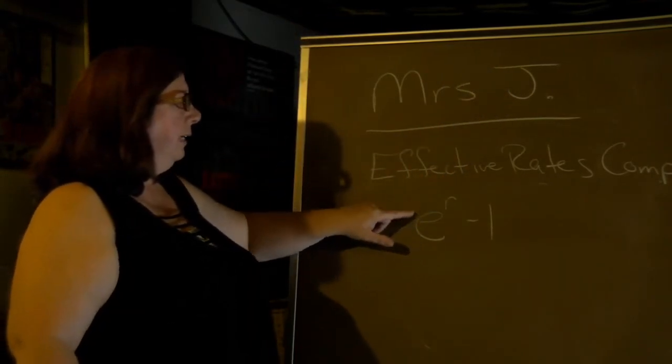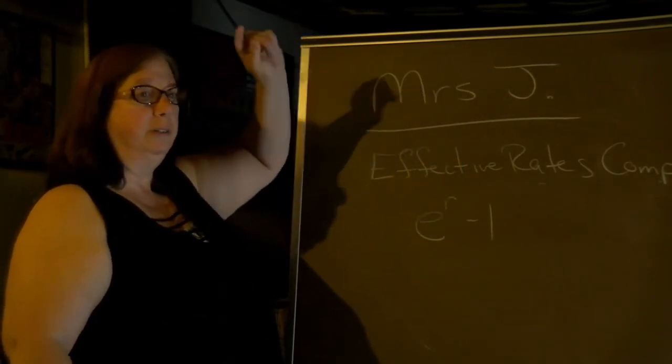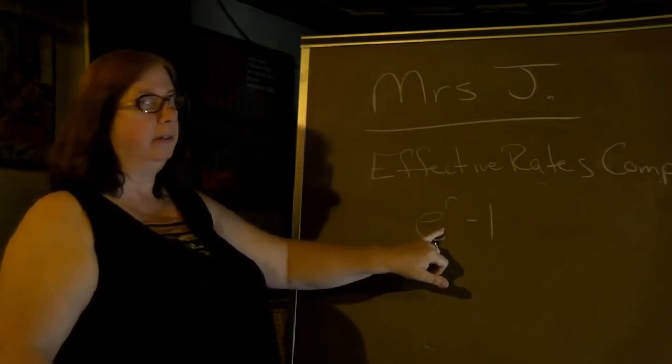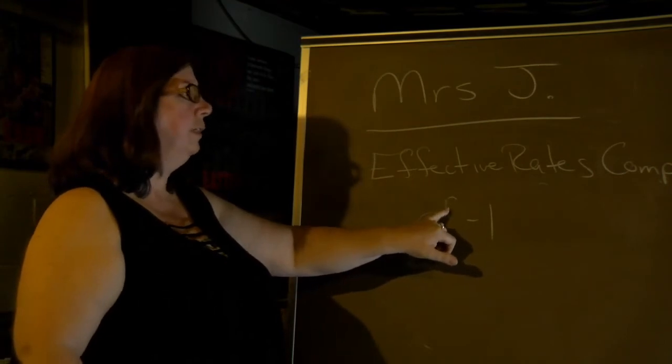But wherever that is, the E is usually in the corner. You usually have to hit second and ln. But this is a function in your calculator. It's not a variable. The R is still your rate.